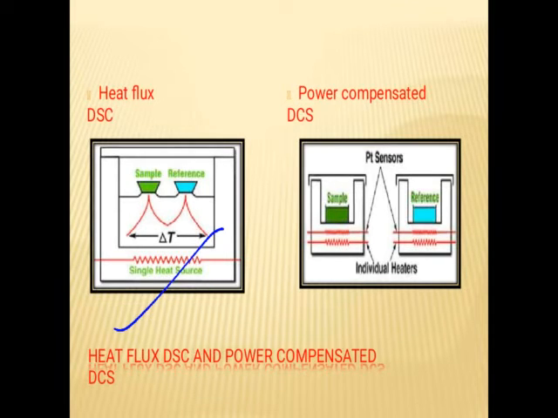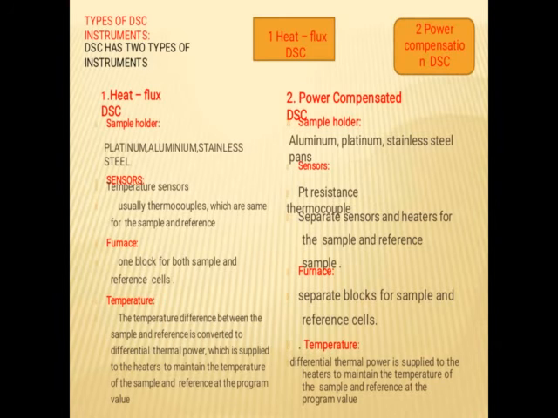The heat difference is measured. But in the power compensated DSC, individual heaters are provided, as well as individual sensors, which are made of platinum. That is the general difference between the heat flux DSC and the power compensated DSC.